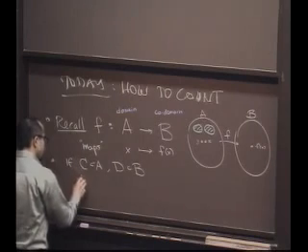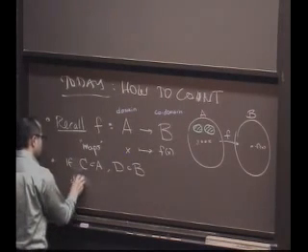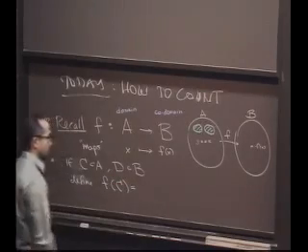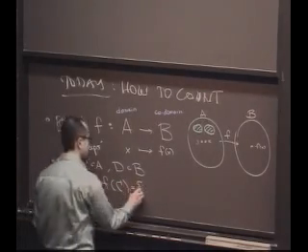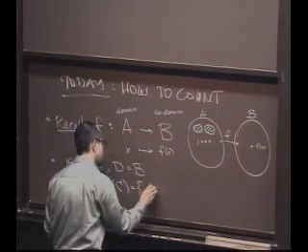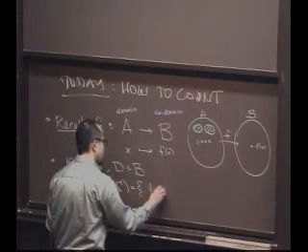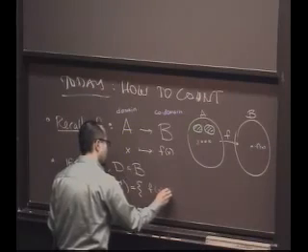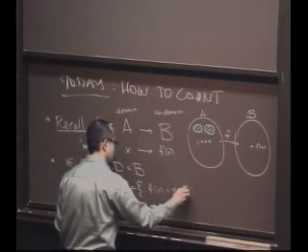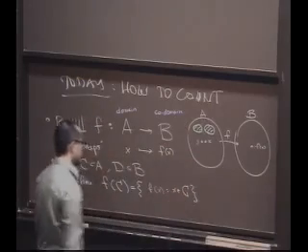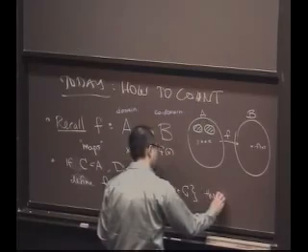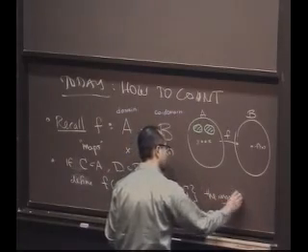Then we'll define f of big C to be basically the image of C under this mapping. So we would say all f of little x, where x is in C. Okay? So this has a name. It's called the image of C. And where does it live?